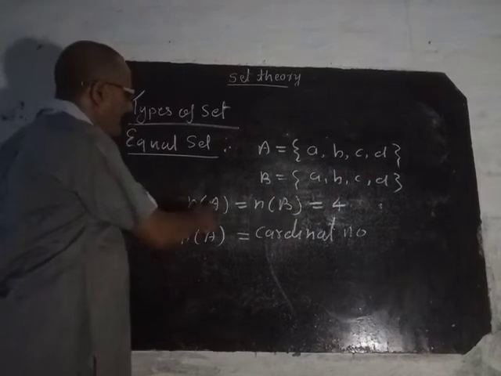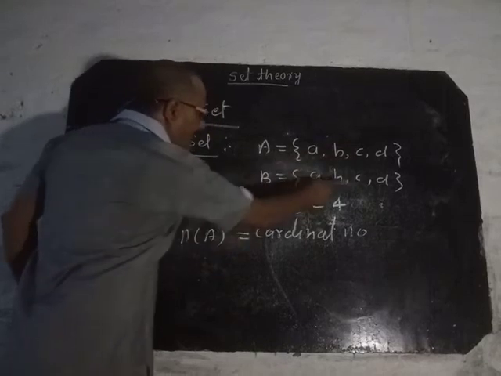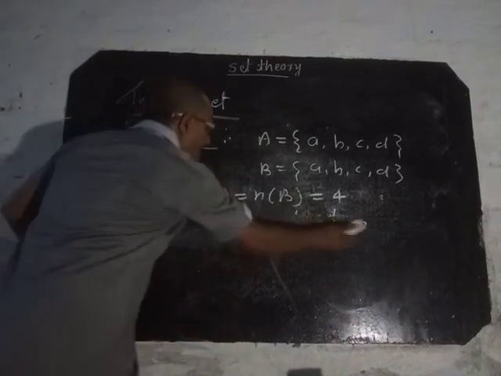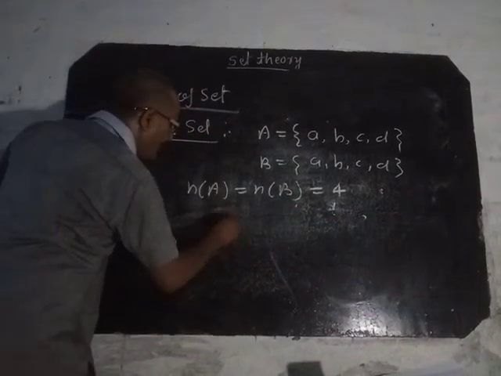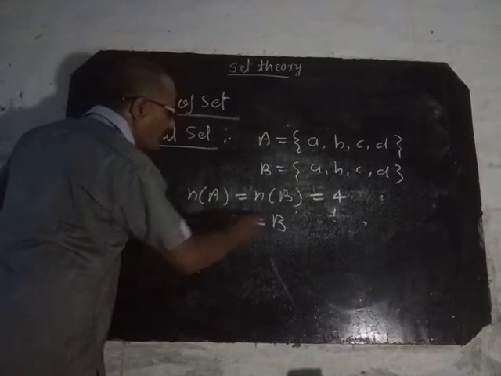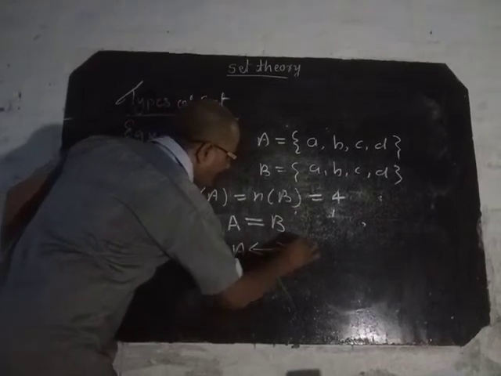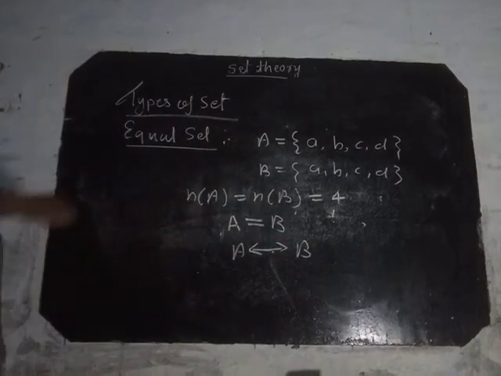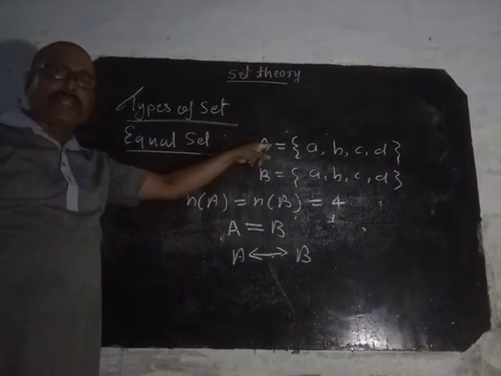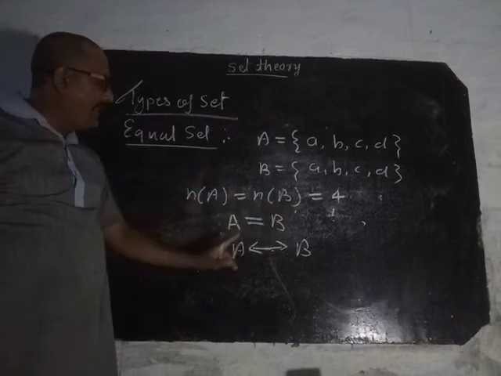Here n(A) equals n(B), 4 elements in set A and also in set B. So set A is equal to set B, and set A is also equivalent to set B. All the elements of set A are also the elements of set B, so both are equal sets and equivalent sets.